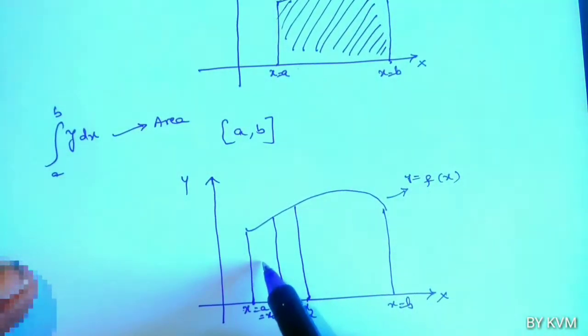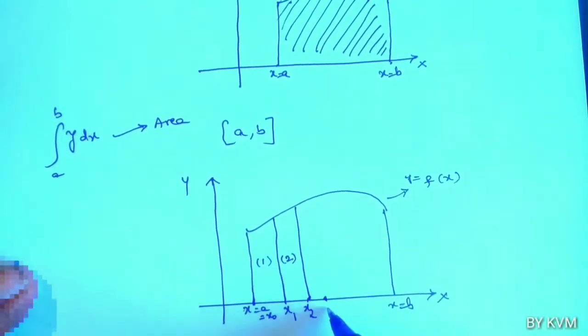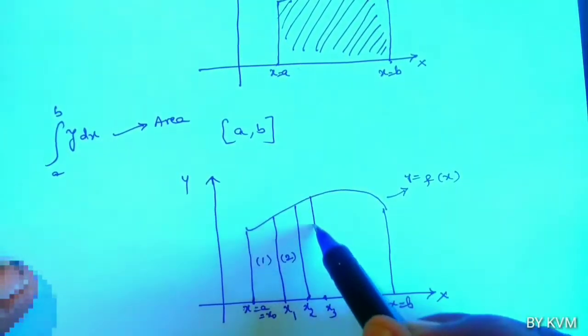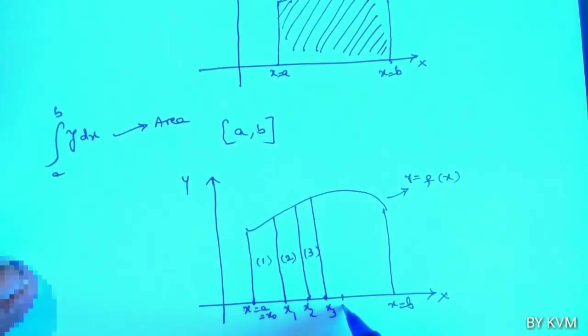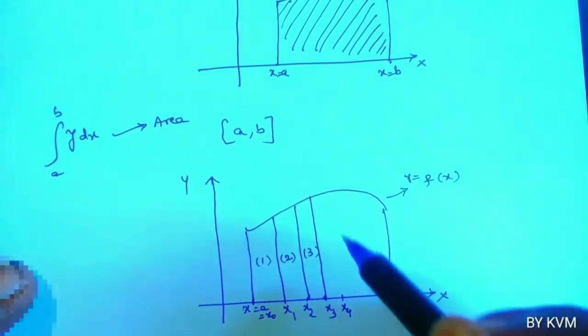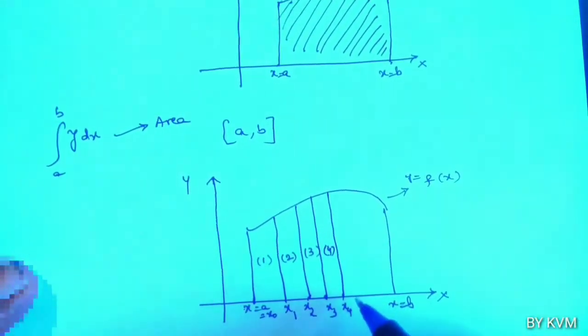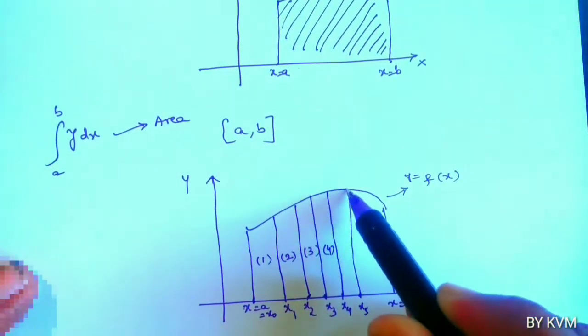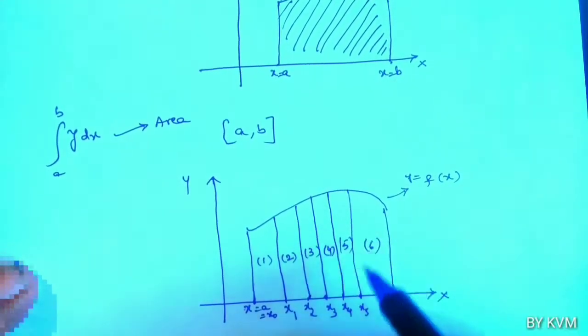So, how many intervals did we get? One interval, two intervals, then the next ordinate is at x3. So, three intervals, then draw one more ordinate at x4. Now we have four intervals, then draw one more ordinate at x5. So, 5 intervals, and this is the sixth interval.